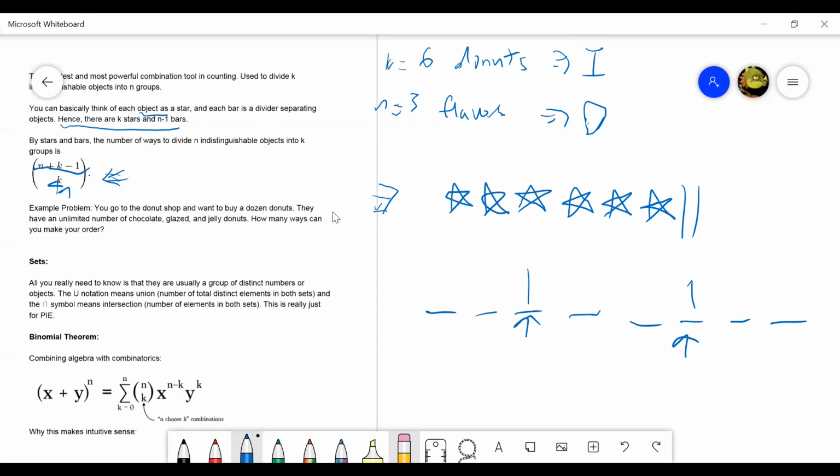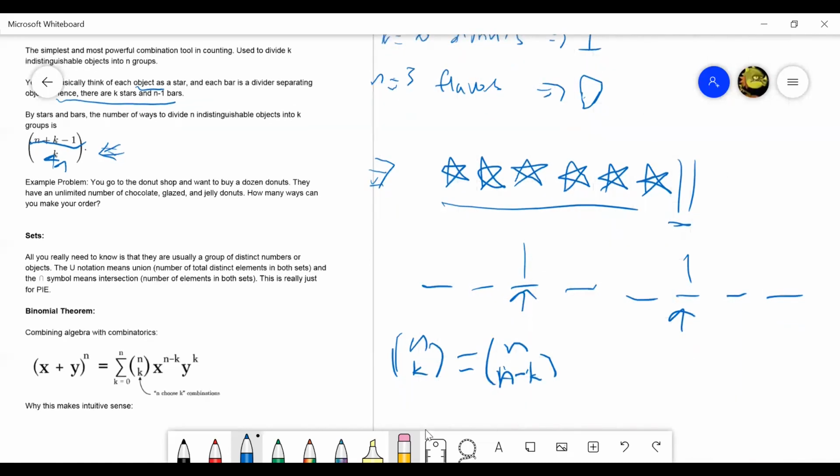There are an equal number of bars as there are going to be k. Sorry, k here is actually technically 6, but I don't know if I said this before, we have this identity where n choose k equals n choose n minus k.